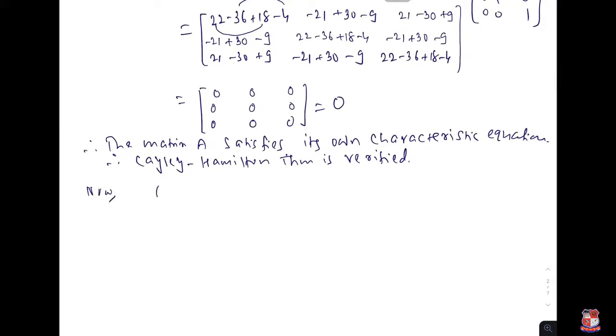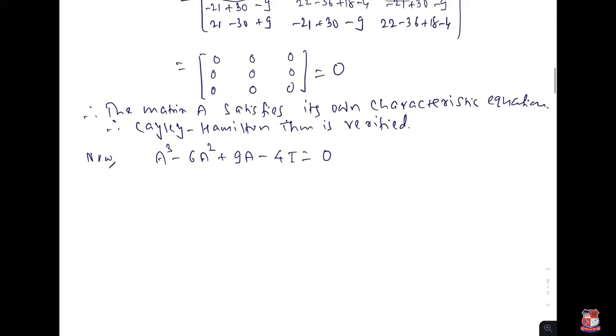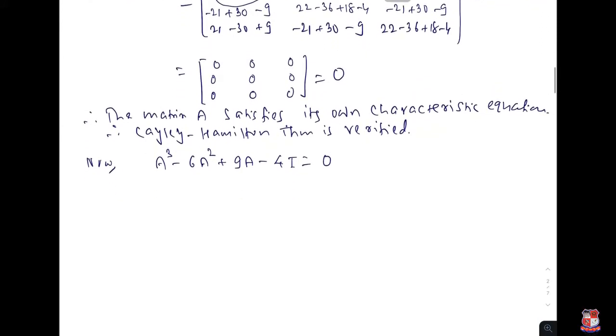So A cube minus 6A square plus 9A minus 4I is a 0 matrix. Now we multiply both sides with A inverse.